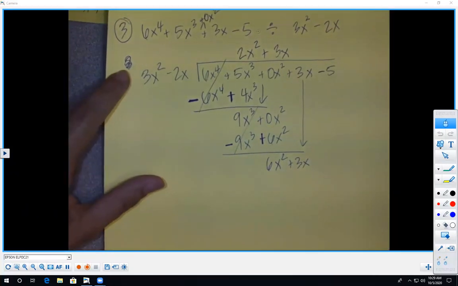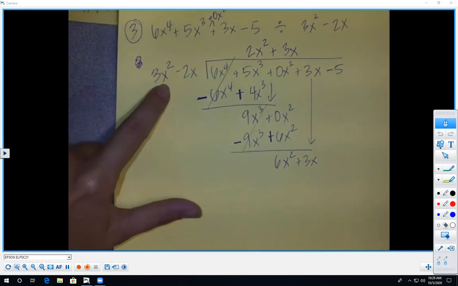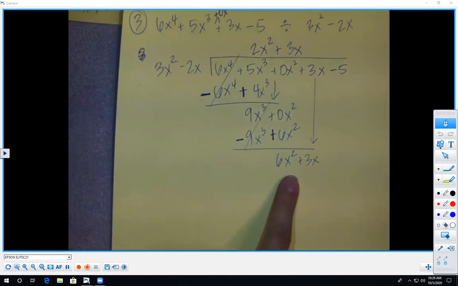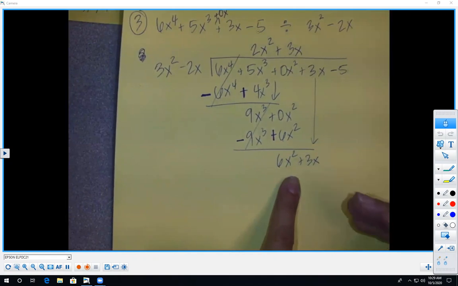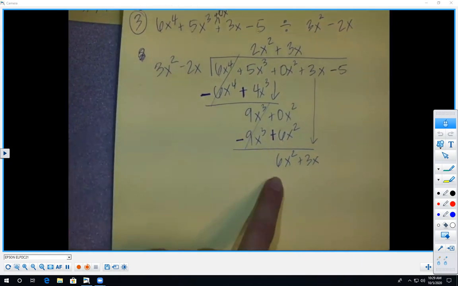How many times does 3x squared go into 6x squared? Write it on top, multiply it out. Or 3x squared times what equals 6x squared?